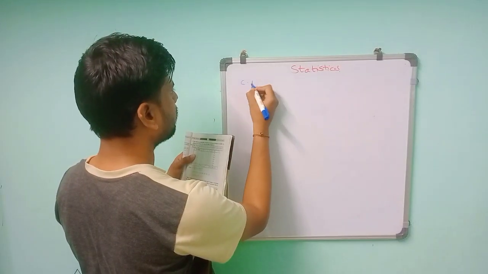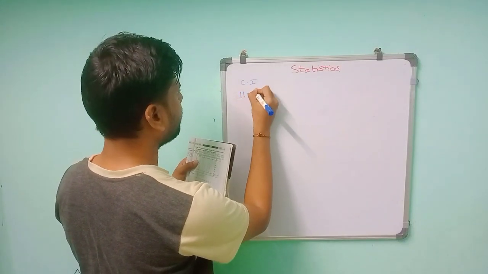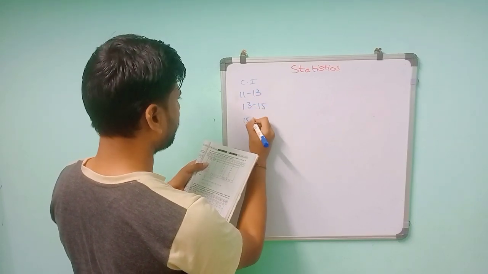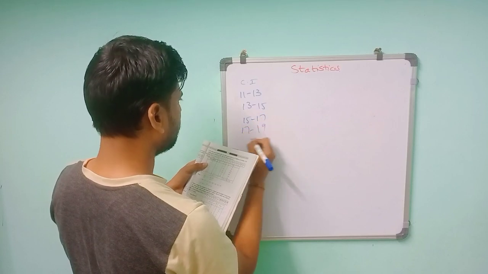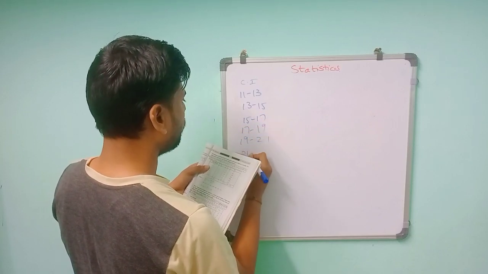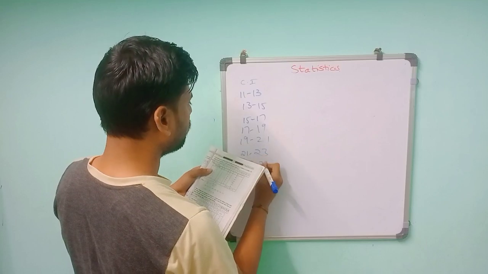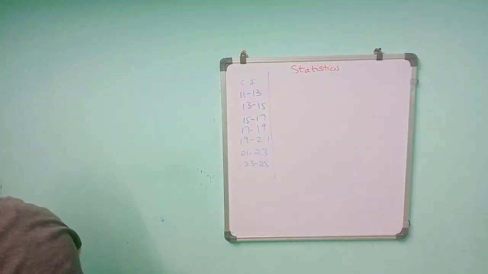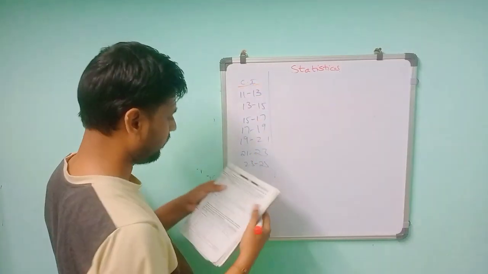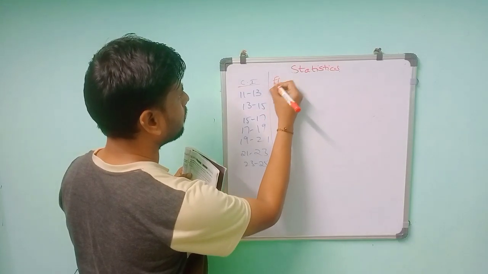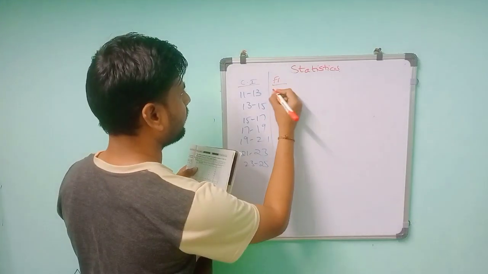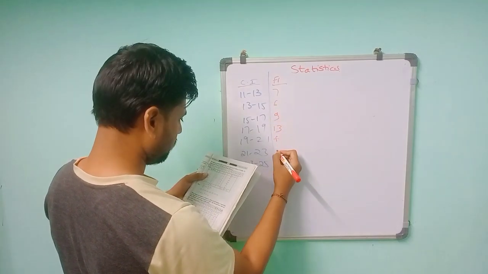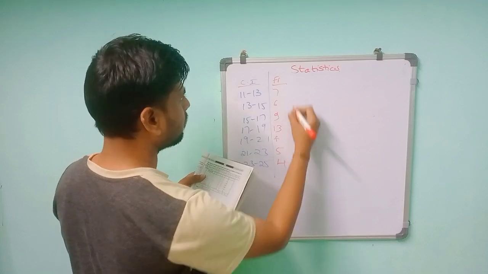So the class intervals they have given: 11 to 13, then 13 to 15, then 15 to 17, 17 to 19, 19 to 21, 21 to 23, then 23 to 25. This is the class interval. Then the frequencies they have given as 7, 6, 9, 13, f, 5, 4.